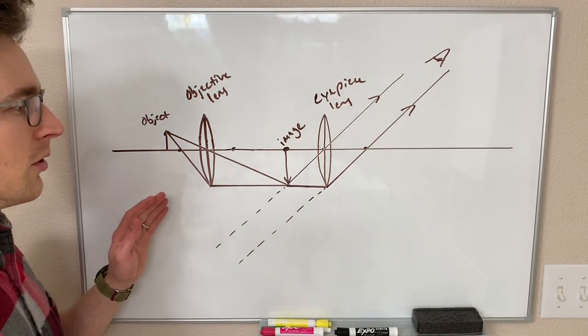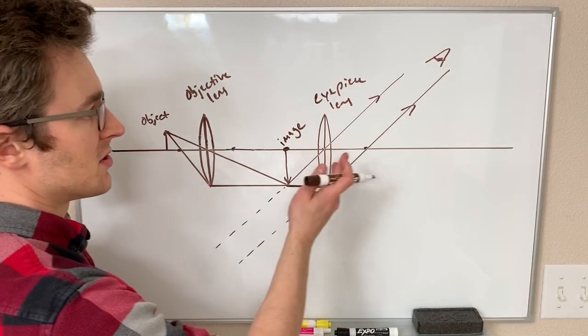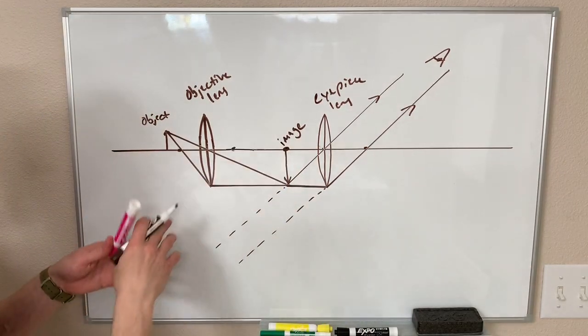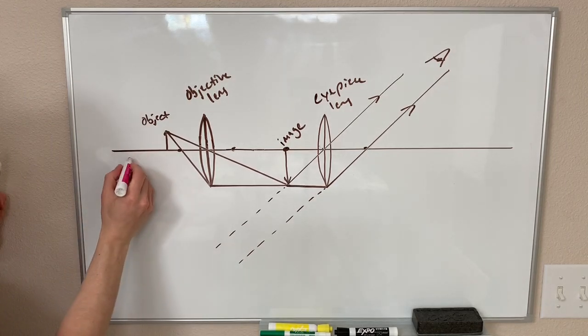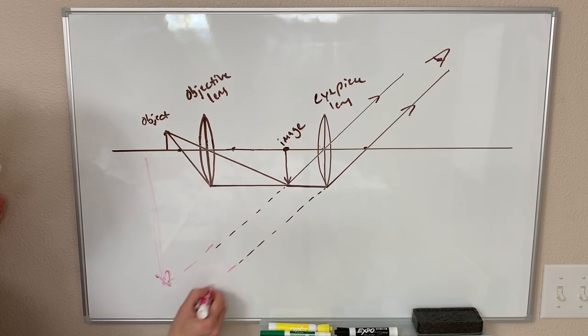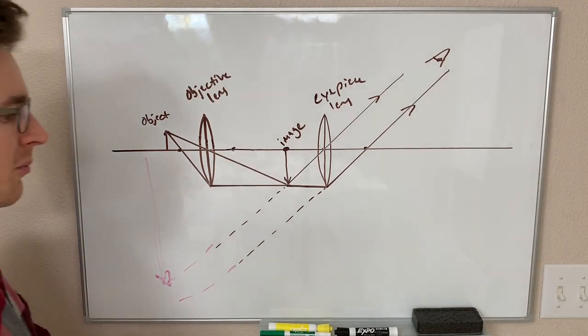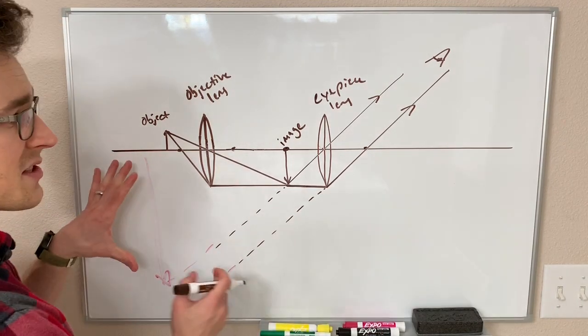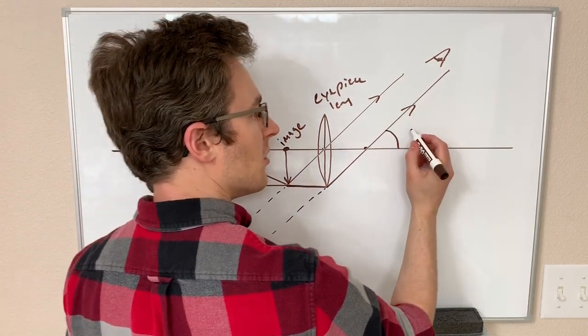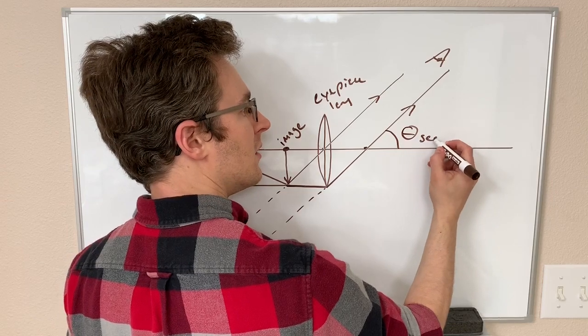So the angle subtended by that object, we can see on here. If we imagine that the virtual object we see is going to be some big arrow that looks like this, where these rays are meeting up some really long distance away, the size of this object is going to be the same as this angle here. We will call this theta seen.